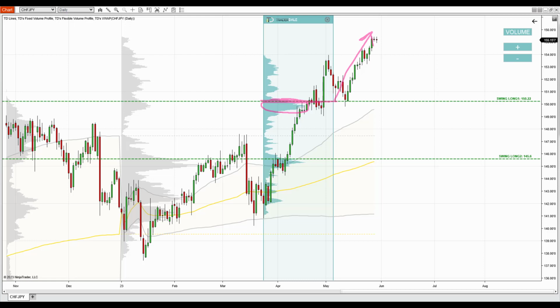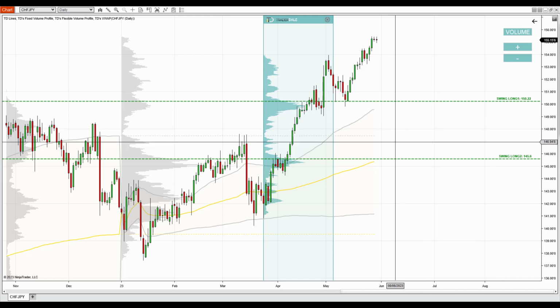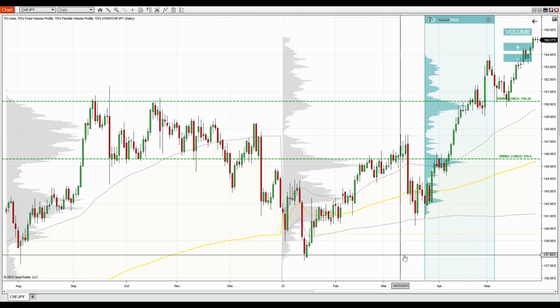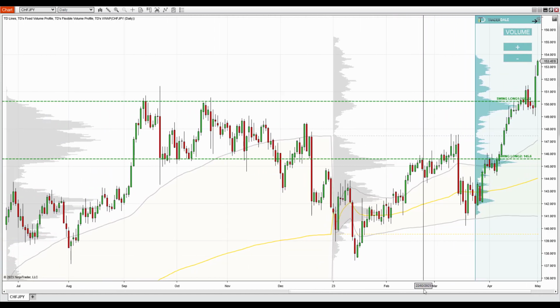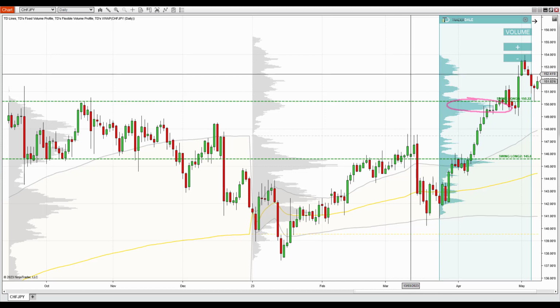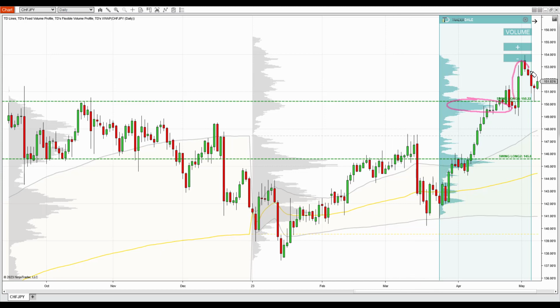Right, this was support which I mentioned in my members area, and when I was publishing it, the chart looked like this. This heavy volume zone hasn't been tested yet. Then there was a pullback back to that level, back to that heavy volume zone.